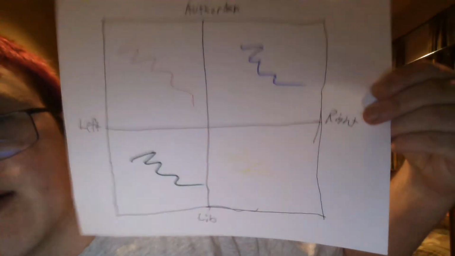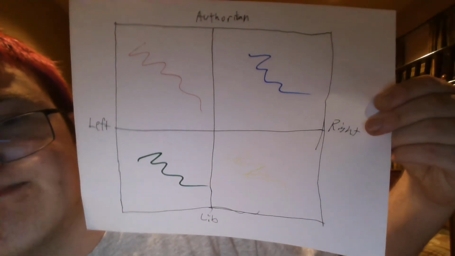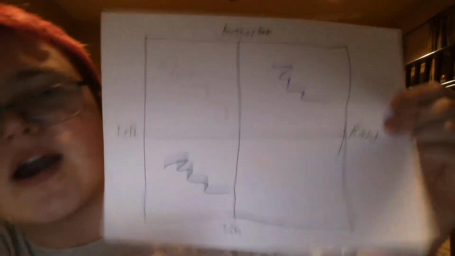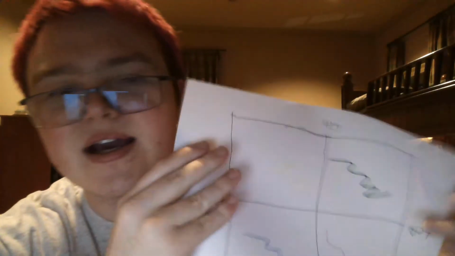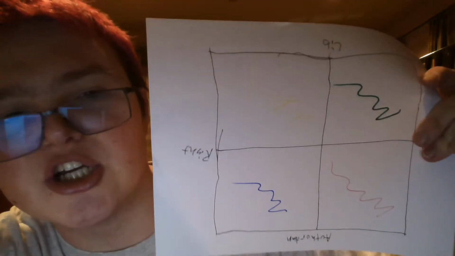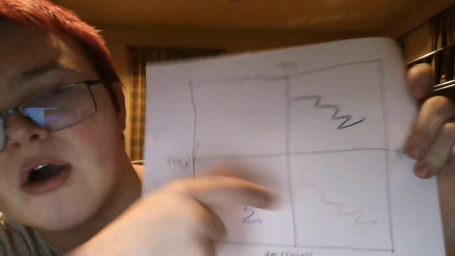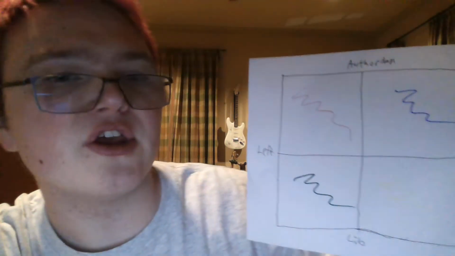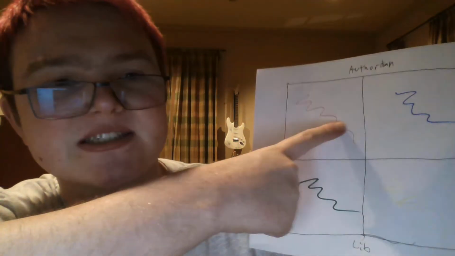Alright, so basically, it's this little chart deal. Technically I made it like this. So you've got authoritarians up here. You've got communists.